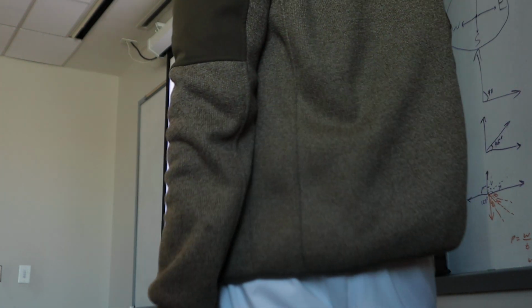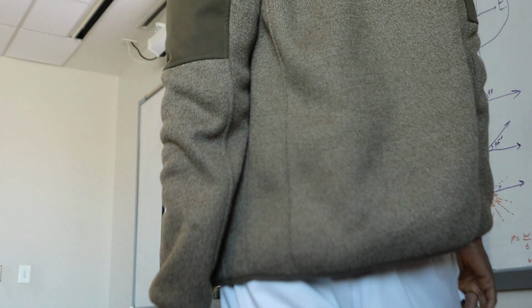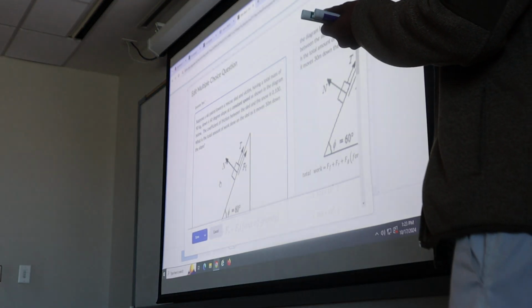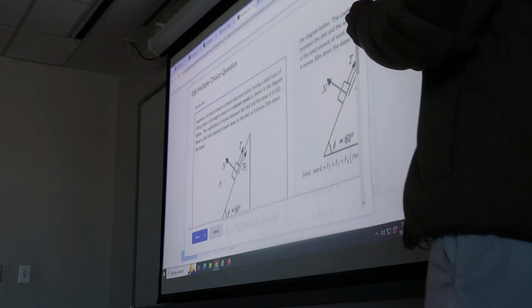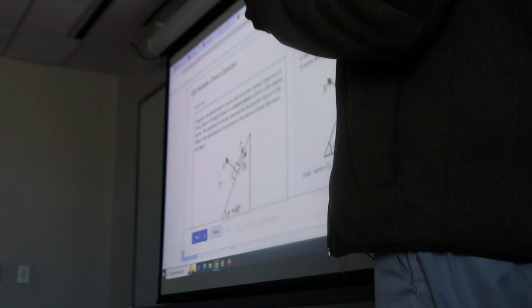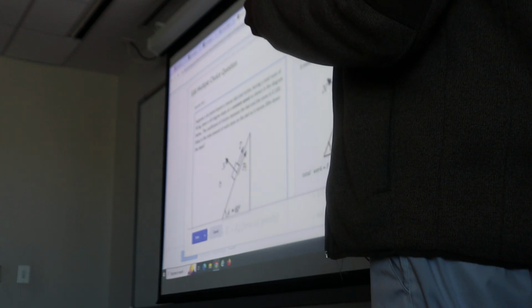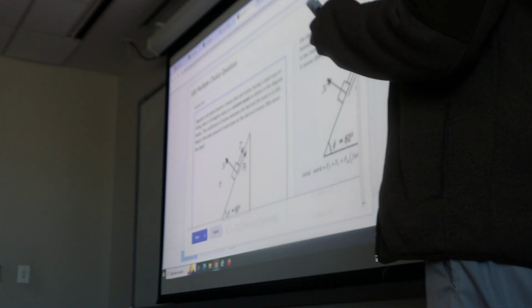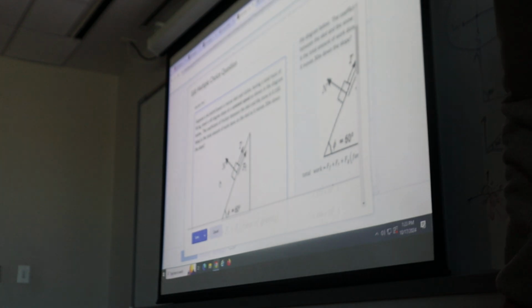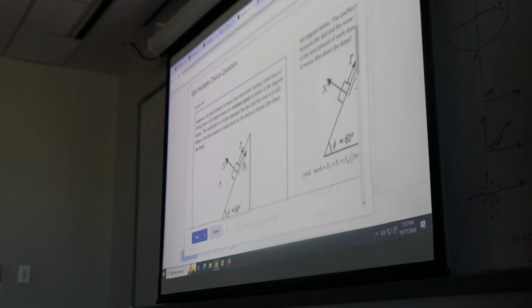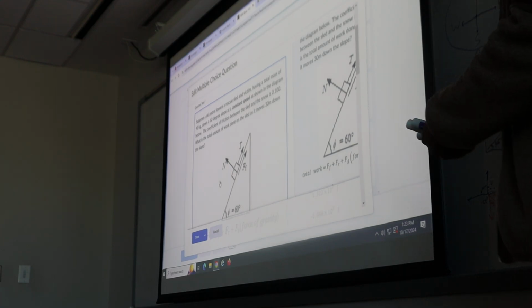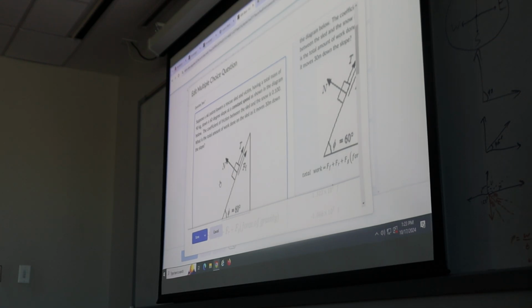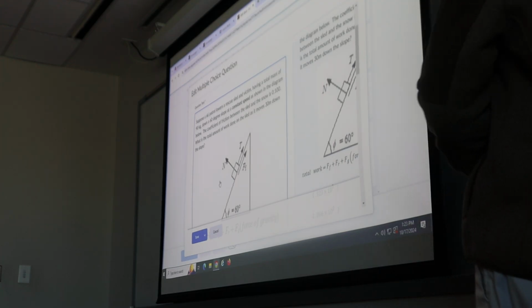I'm not sure exactly what that T is, because it's not tension. It is tension. Suppose a ski patrol lowers a rescue sled and victim. It's the tension. So they're lowering this sled from this point. There's a person on that sled, and they're lowering it down.